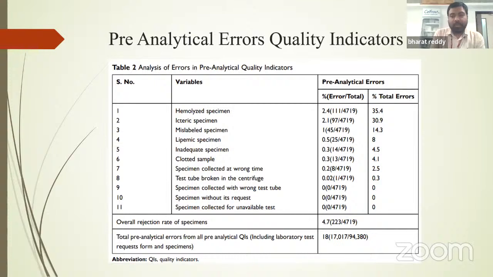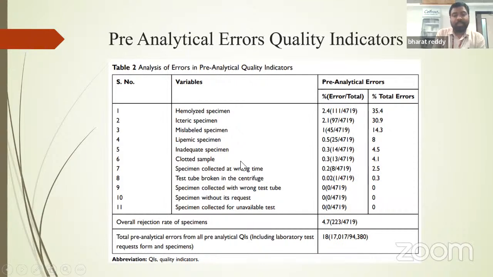And coming to the quality of sample, these are the quality indicators to check the quality of our sample. These indicators are hemolyzed specimen, icteric specimen, mislabeled specimen, and then lipemic specimen, and inadequate specimen, where there is not a sufficient amount of specimen to perform all the investigations.